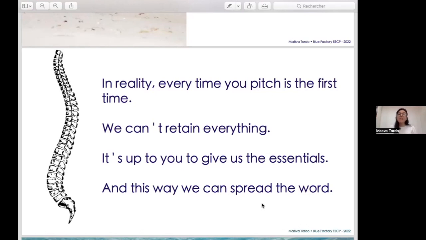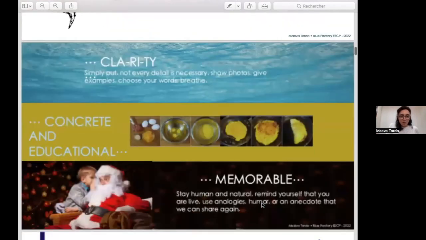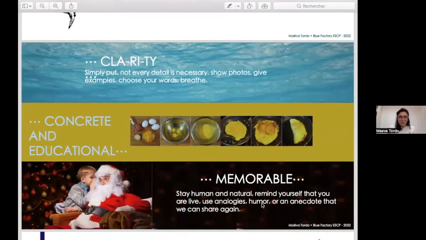But this is only if you keep the essence of the message and you make it easy to remember. That's why there is the backbone on the side, just to illustrate that's what you need to be able to transmit.